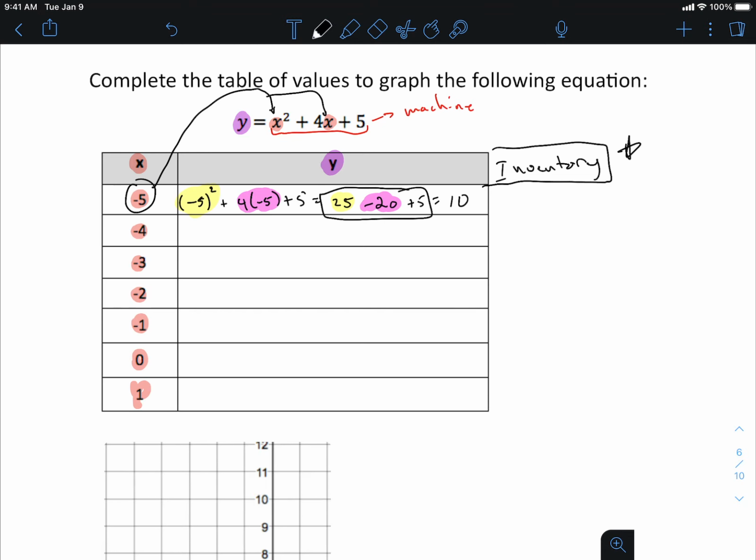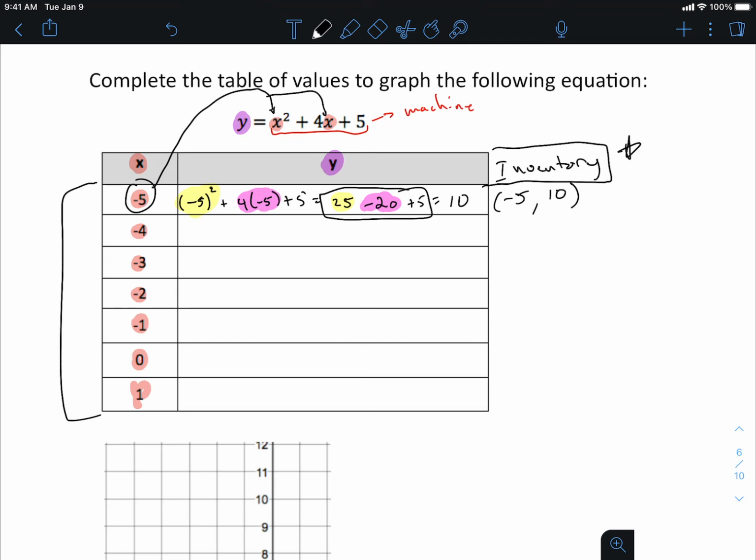It's an inventory from the standpoint that when you walked into the shop to create something, you had an inventory of material, right? And you're going to keep track of that, right? And then you're going to say, okay, well, I walked in, I put my -5 into the machine, and the machine spat out 10.